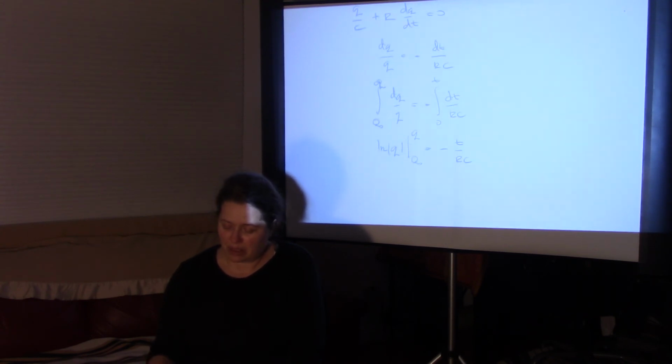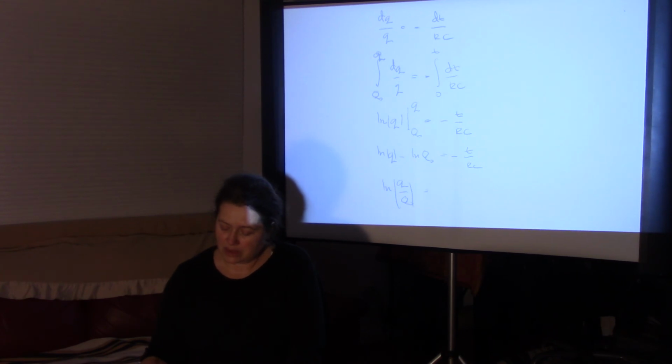When we plug those values, we have natural log of q minus natural log of q initial equals negative t over RC, and that gives us natural log of q over q initial equals negative t over RC.